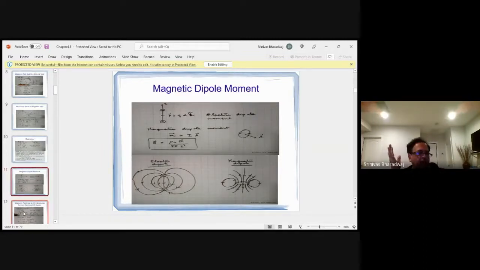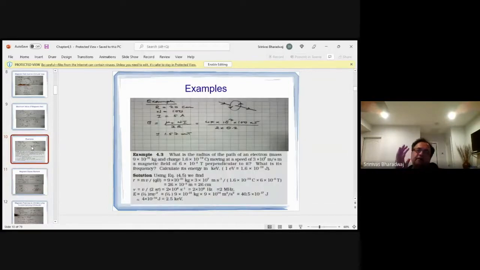Because later on you will also have electromagnetic induction. But before we go to electromagnetic induction, you must first understand what magnetostatics is all about. Magnetostatics is about charged particles or currents in magnetic fields.